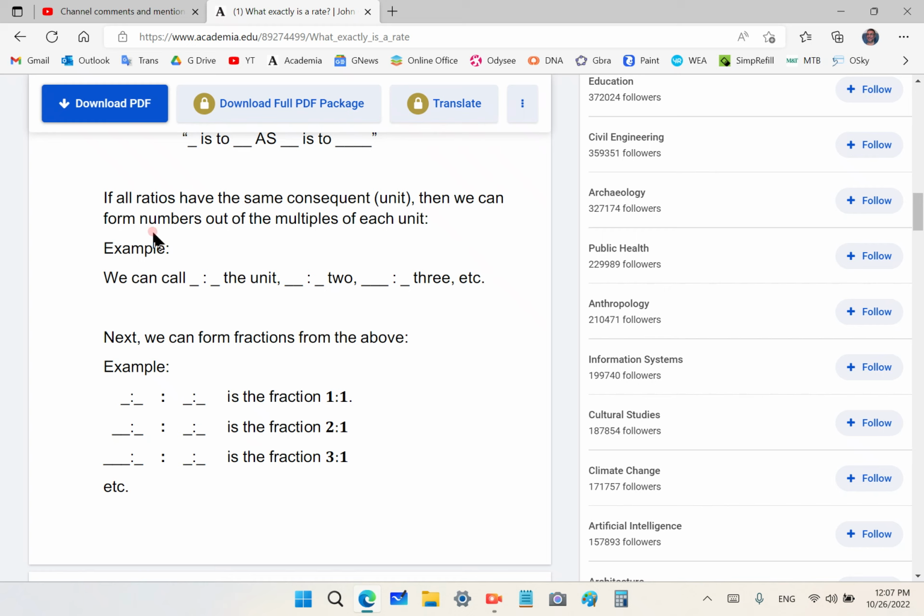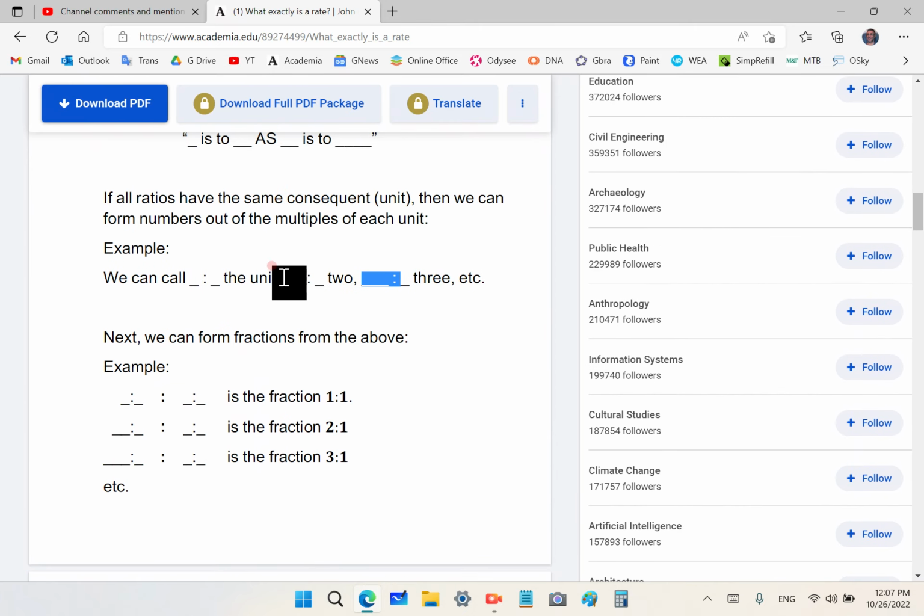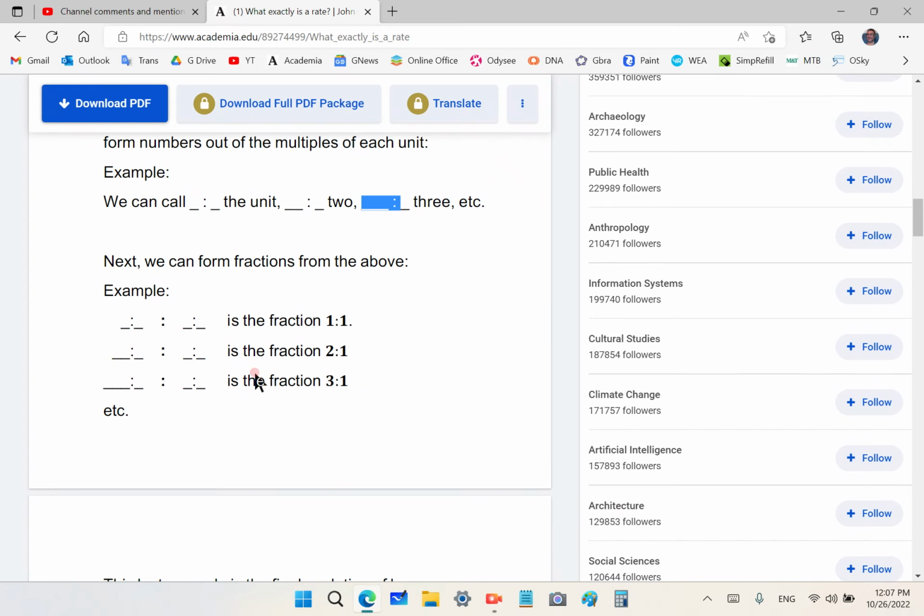Now, if all ratios have the same consequent or the same unit, then we can form numbers out of the multiples. So we can call this the unit, this by the name of 2, this by the name of 3, etc. And then the next thing we can do is form fractions from these quantities above. To form a fraction, we need to compare one ratio against another.